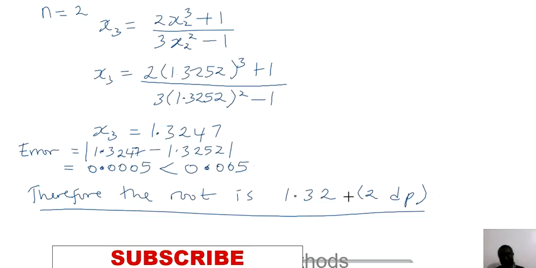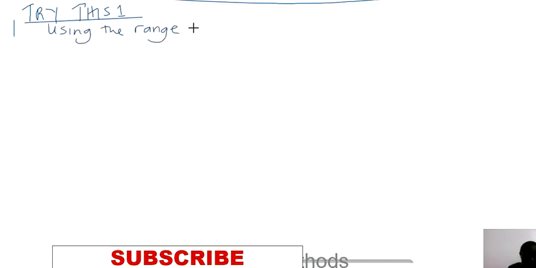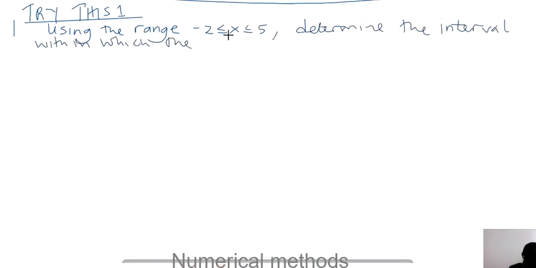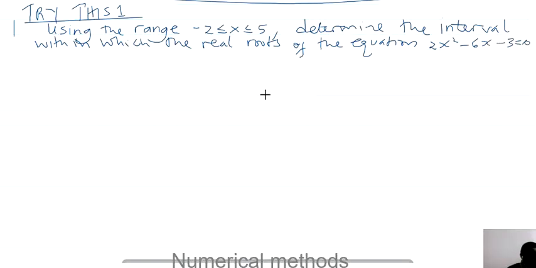Next is the exercise for you to test the knowledge which we have got here. Try this one. Number 1, using the range -2 less or equal to x less or equal to 5, determine the interval within which the real roots of the equation 2x power 2 minus 6x plus 3 equal to 0 lie.